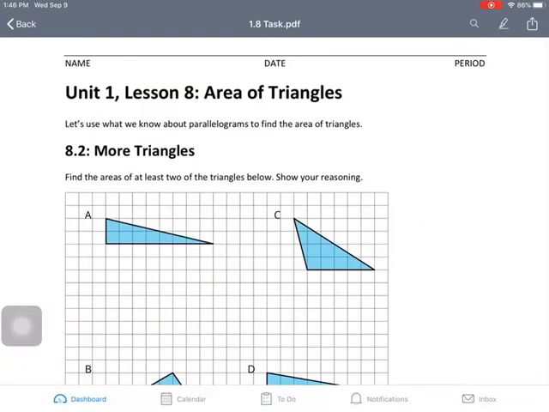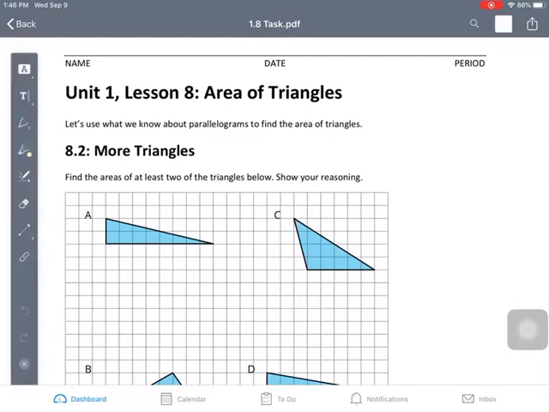Okay, so today's task says to find the area of at least two of the triangles below. Anytime we are doing this stuff, what I always say is the first part is to write down your formula. So I'm going to do that up here at the top.